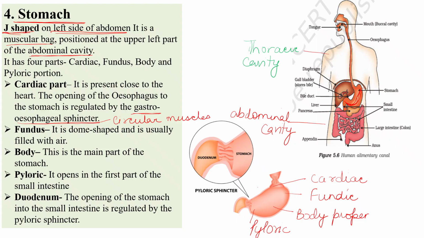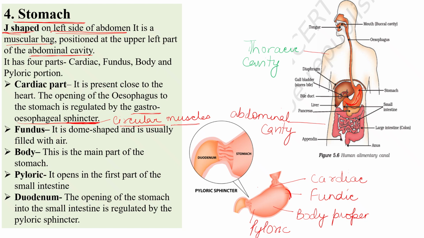And gastro means stomach, esophageal means esophagus. That is, the opening of esophagus into the stomach is controlled by a sphincter, that is circular muscles which regulate its opening and closing. Now this fundus is a dome shaped part of the stomach.